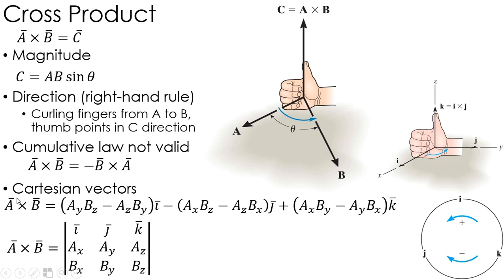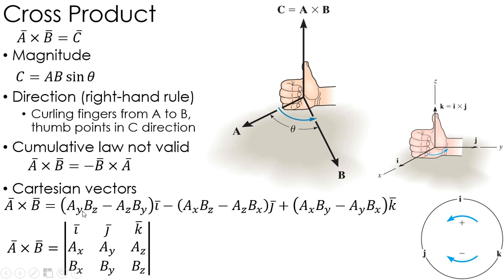If I have two Cartesian vectors, such as Ax times i plus Ay times j plus Az times k, and the same thing for B, what I do is take each one of those. I take i cross i, Ax i cross Bx i. Well, i is in the same direction, which means my theta is 0. So for all of the like components, if two vectors are pointing in the same direction, the cross product of those is 0.